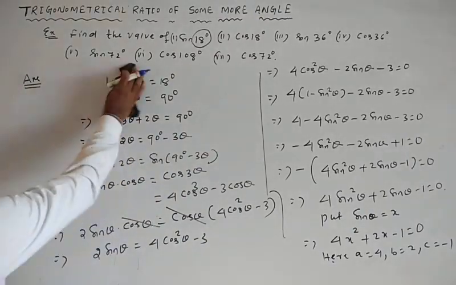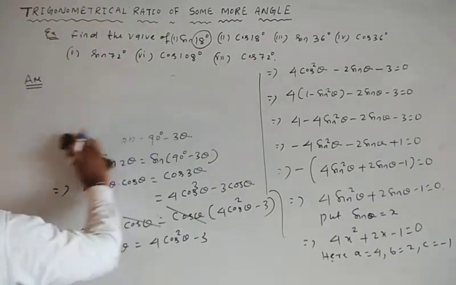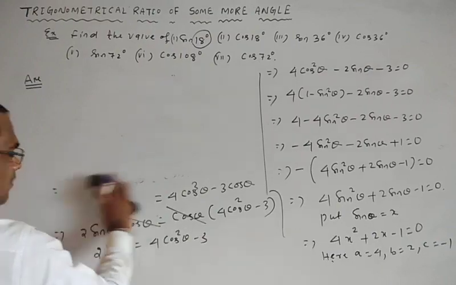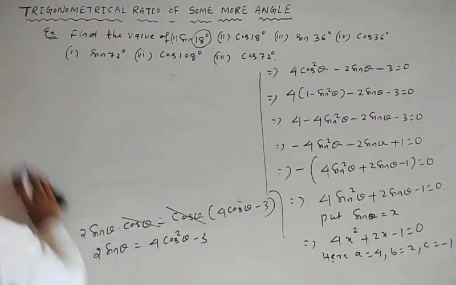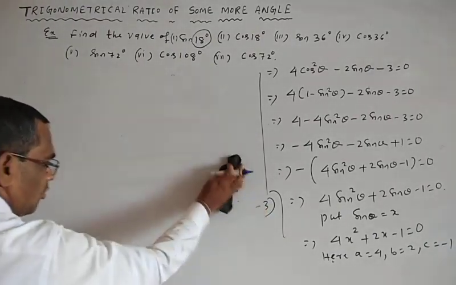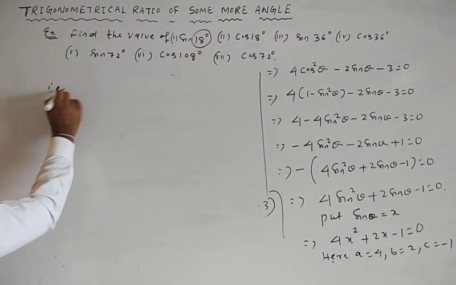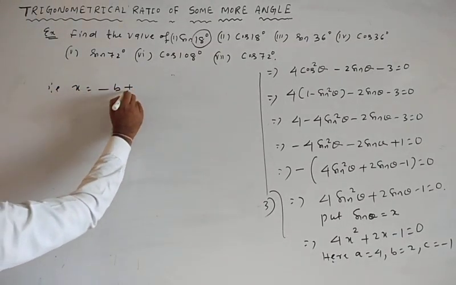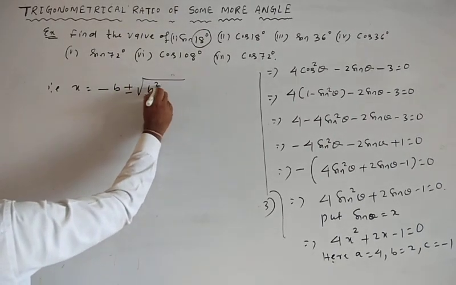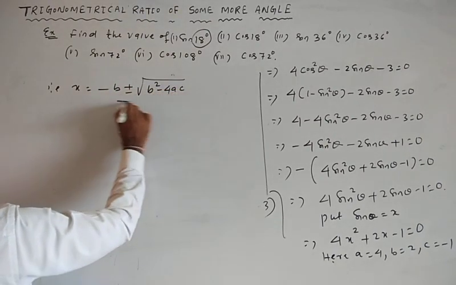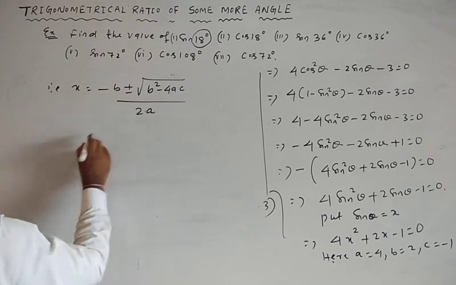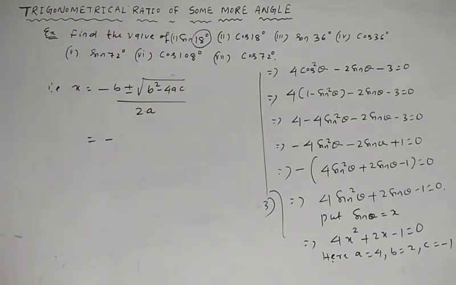You know x is equal to minus b plus or minus root of b square minus 4ac whole by 2a. Here b is equal to 2.